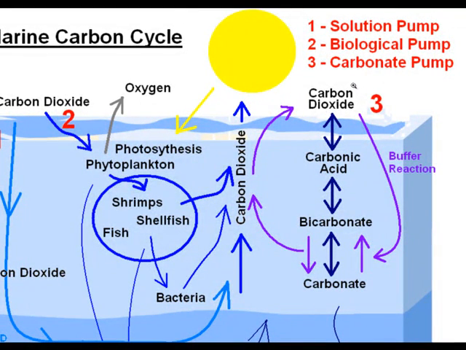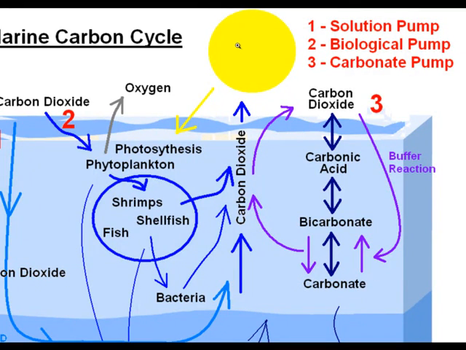The carbon dioxide can enter the ocean, and then some of it can turn into carbonic acid. Carbonic acid is a very weak acid. But because it's an acid, it can lose a hydrogen ion and become a bicarbonate ion. And then from a bicarbonate ion, it can lose another hydrogen ion to become a carbonate ion.